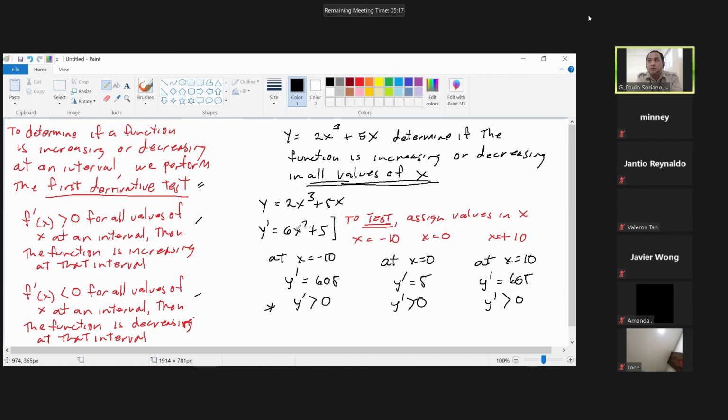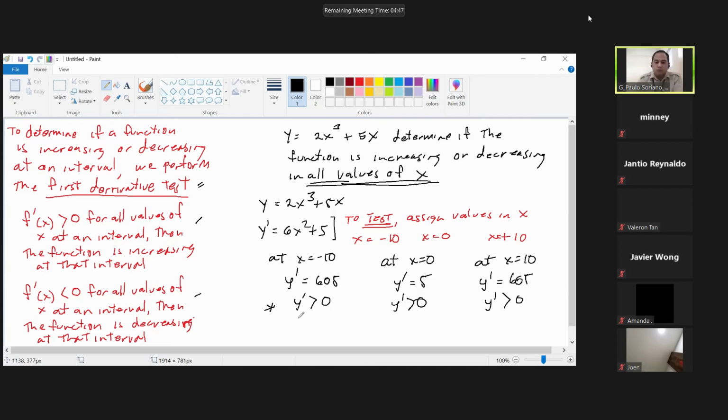Is there a value that I can place here that can make this function negative? No. Even if I put any negative number here, because that's a square, a negative value squared will always give you positive. So it will always return as positive.